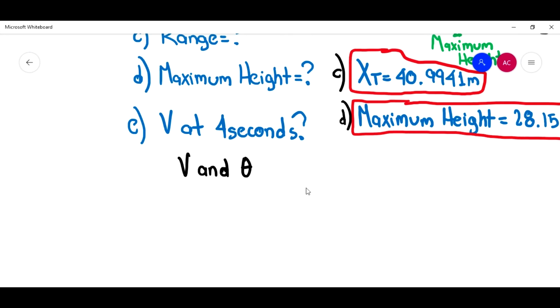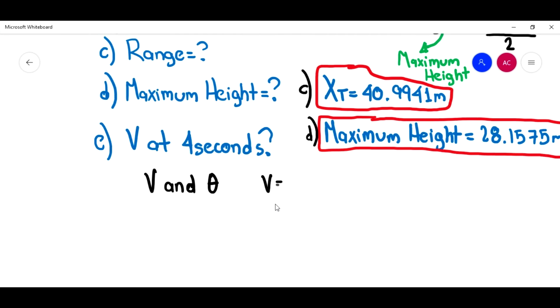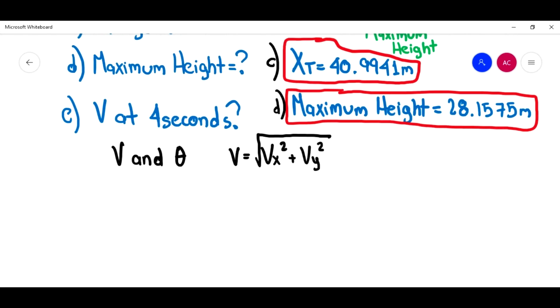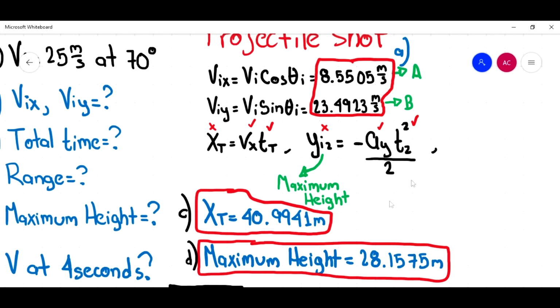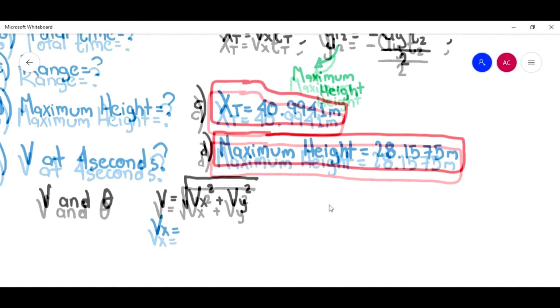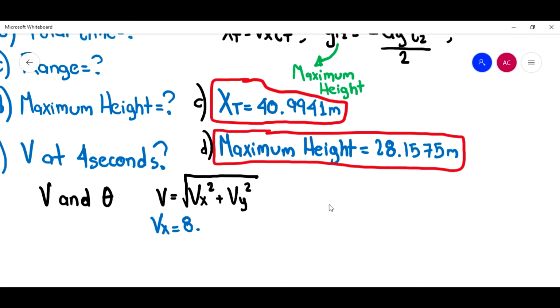If you remember, there is a formula that says velocity equals the square root of bx raised to the square plus by raised to the square, all inside of a square root. In this particular case, bx is constant, so I already got bx. How much is bx? Bx is 8.55 meters per second. But how much is by?